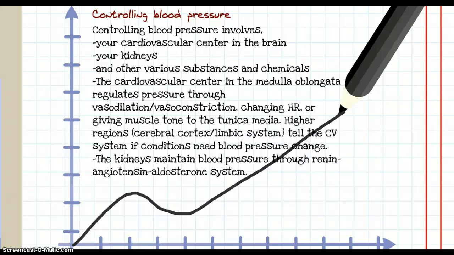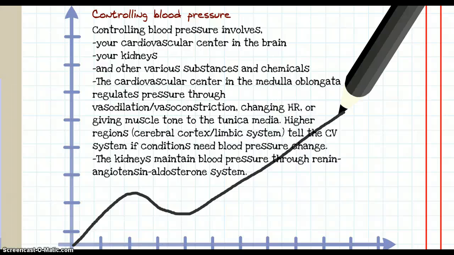So let's say you are in need of a fight or flight response. Then you're going to need a blood pressure change in some areas, and the higher regions of your brain will tell your cardiovascular system, hey, we need a blood pressure change.